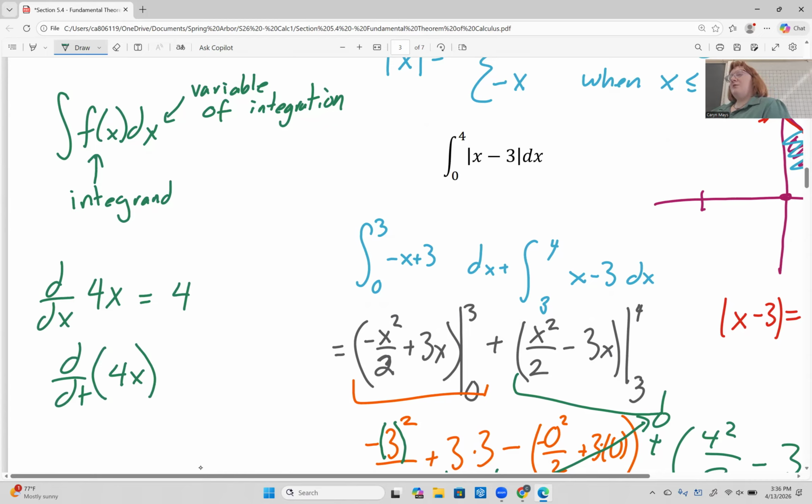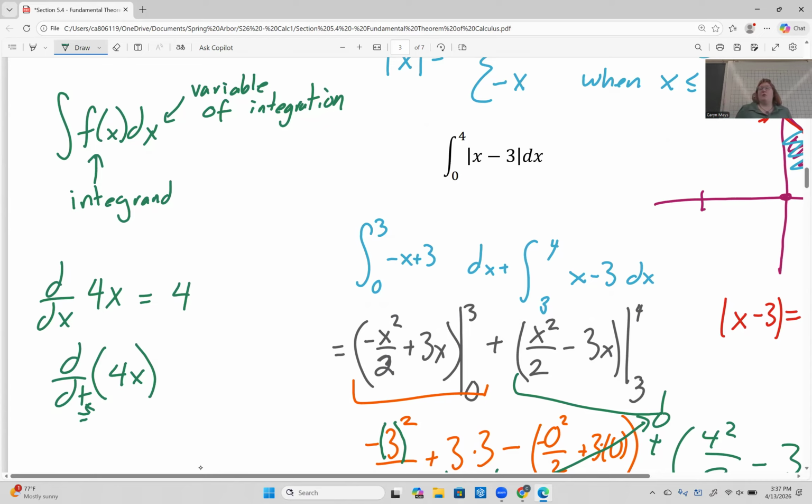The final thing's not going to be 4t. How do I take the derivative? What variable is it saying take the derivative with respect to? This is saying take it with respect to t. That t is saying with respect to t.